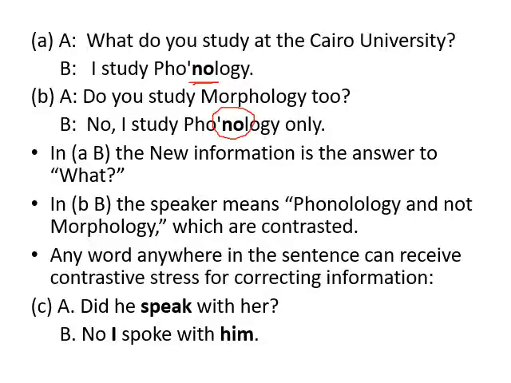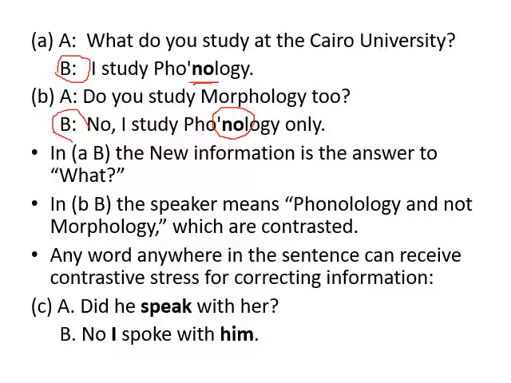In AB أهي AB اللي هو ده the new information is the answer to what. In BB اللي هو ده the new information phonology and not morphology which are contrasted. Anyway, any word anywhere in the sentence can receive contrastive stress for correcting information.